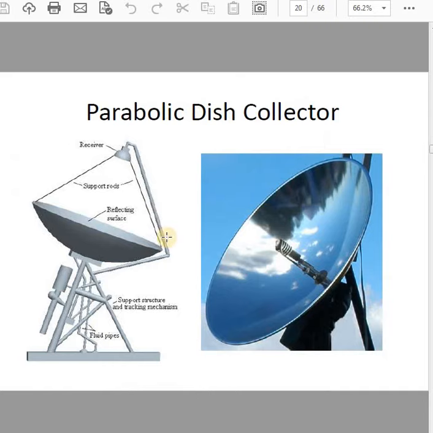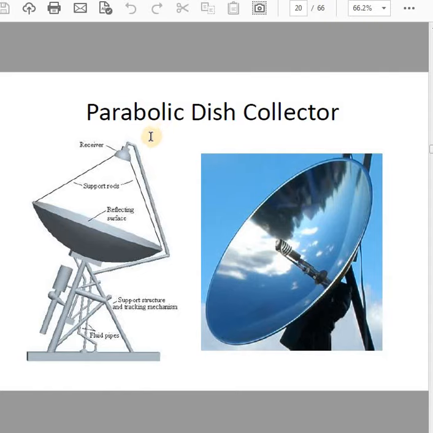Parabolic dish collectors, again, if you see here, this is the receiver, these are the support rods, and this is the reflecting surface. Here you have fluid pipes, and this is the support structure and tracking mechanism. In this type of parabolic dish collector, the reflecting surface is either a mirror or any surface which reflects the heat.